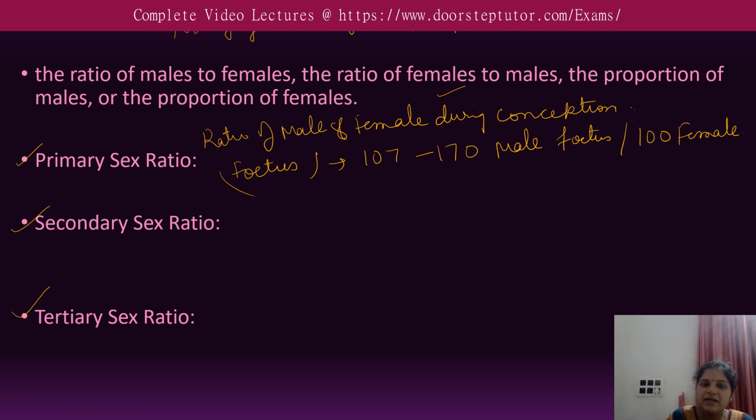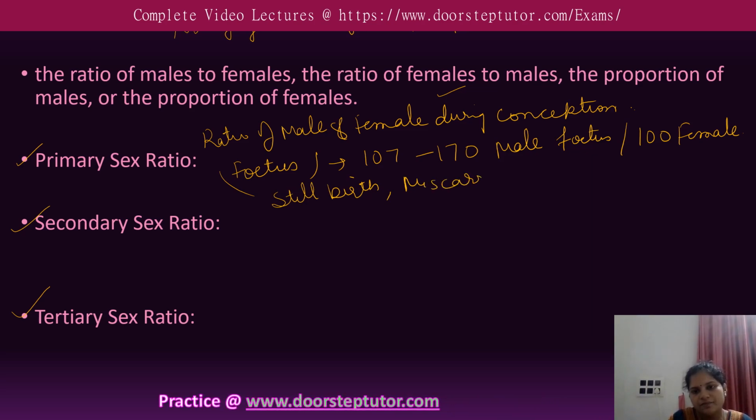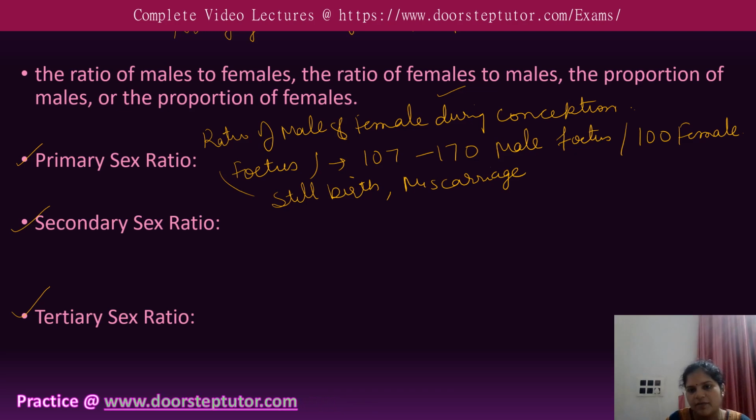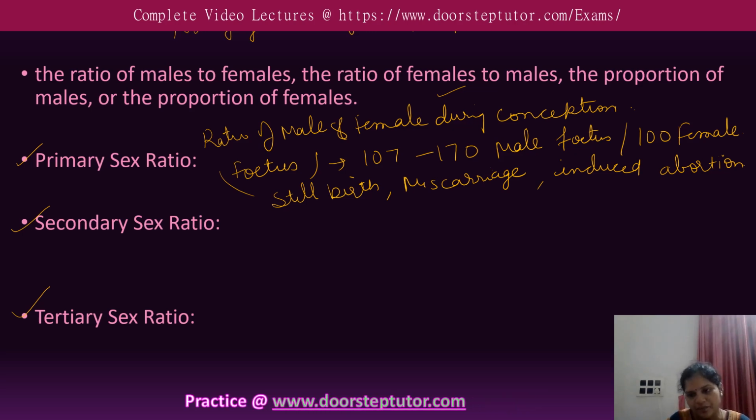But several factors can alter this primary sex ratio, like stillbirths, miscarriage due to any medical emergency, or induced abortion. These factors can impact the primary sex ratio before the birth.